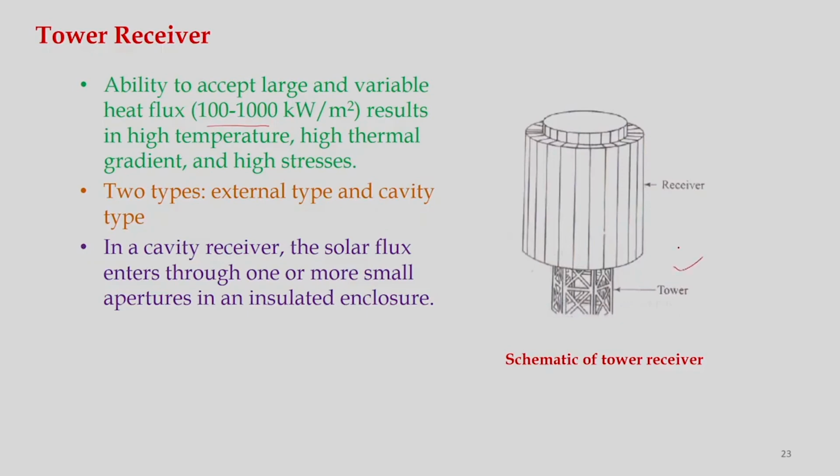You can see the receiver systems, there are many configurations of this kind of absorber. Normally, there are two types, external type and cavity type. So, in a cavity receiver, the solar flux enters through one or more small apertures in an insulated enclosure. Okay. So, we can have higher optical efficiency in this configuration, and of course, we can use different working fluids, not only molten salt and water, we can use air as well for this kind of arrangement.